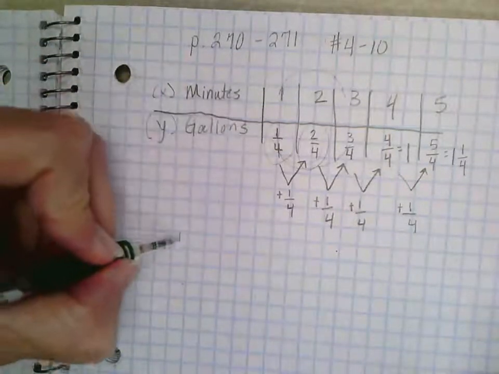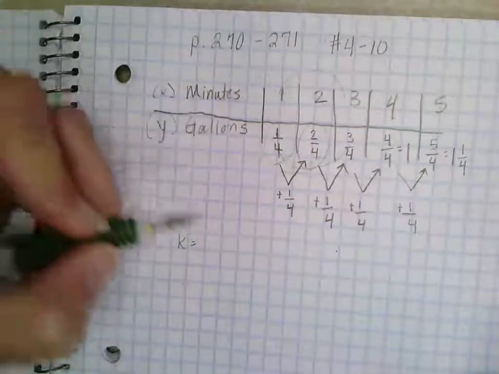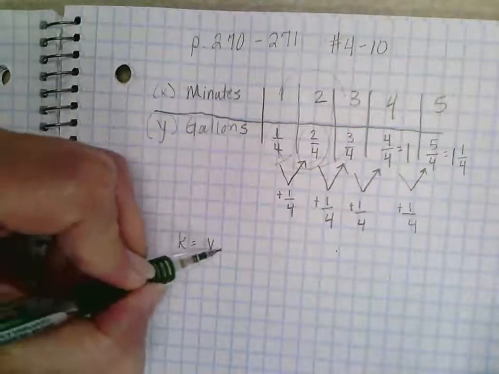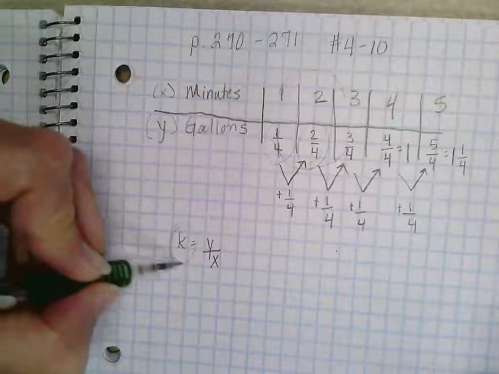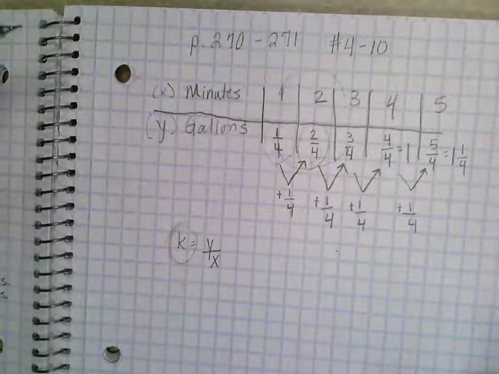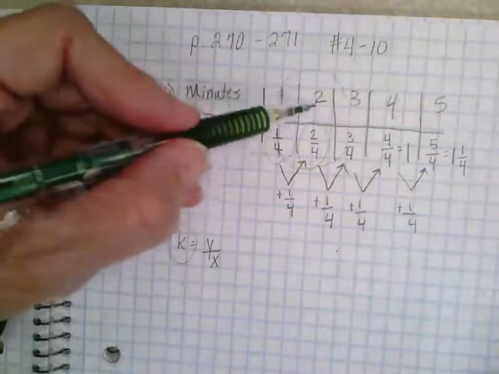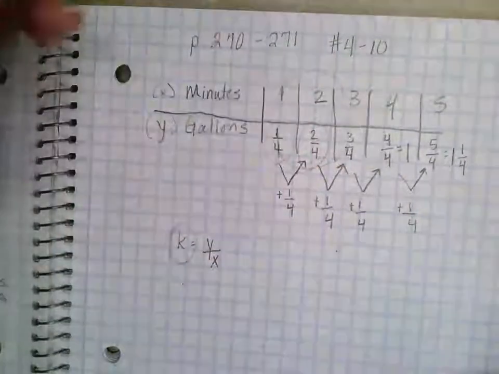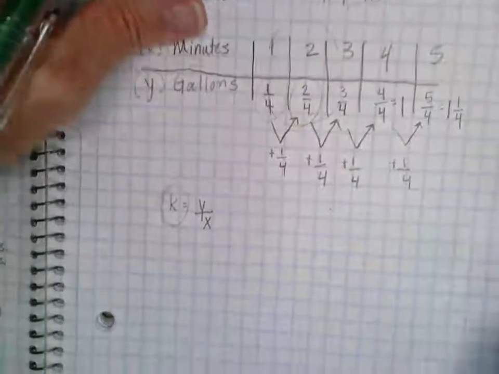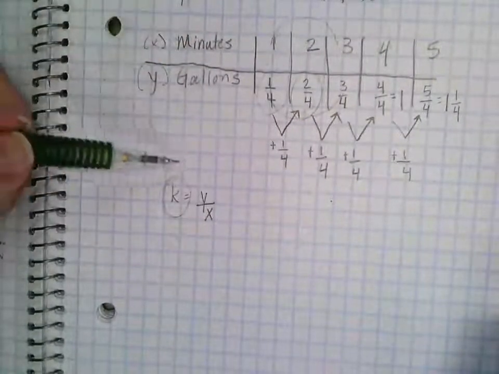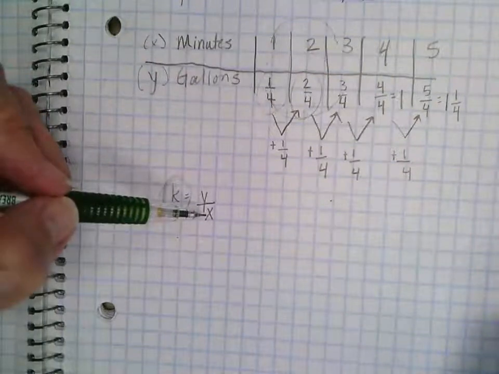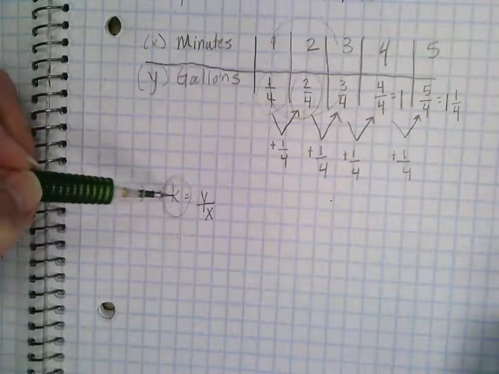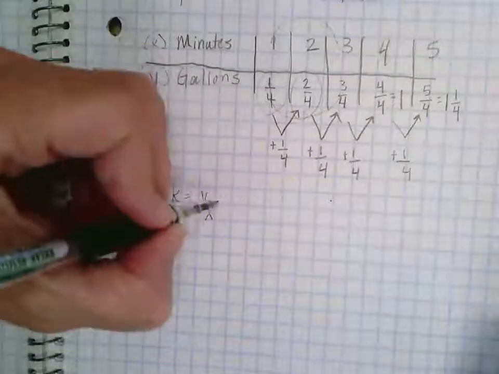I can use my constant of proportionality to help me write that expression. Constant means it keeps happening, and proportion means that things are in proportion. So I'm going to substitute my Y values and my X values in and see what that constant is.